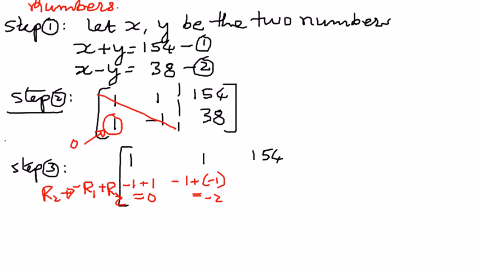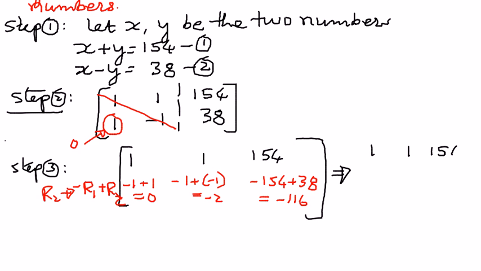And then this one here will be negative 154 plus 38, and that is going to be equal to negative 116. Therefore, if we were to write it out in a clean manner, this is how it looks: 1, 1, 154, and then 0, -2, negative 116, and that's the separation line.